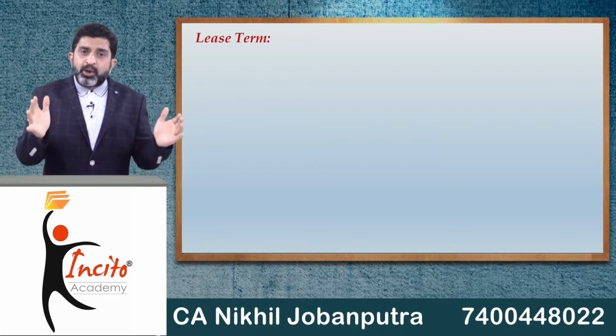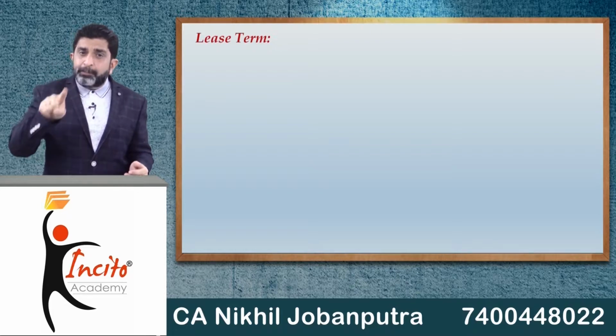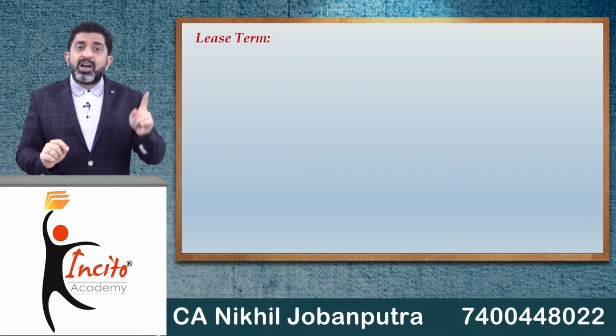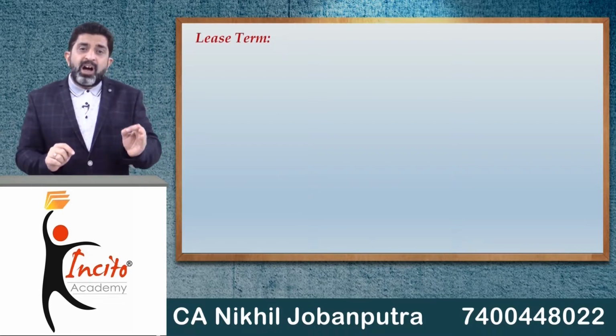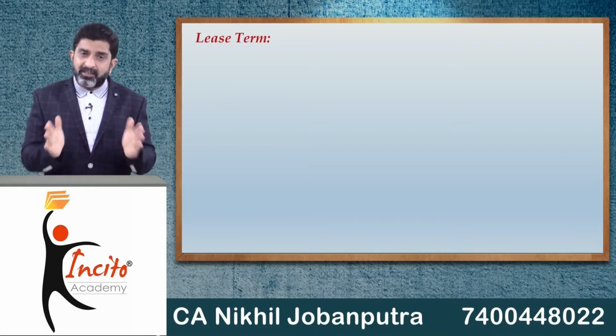What should be included in the lease term cannot be decided at the inception date. You have to test all the conditions at the commencement date. It is the commencement date from which the accounting begins, and therefore at the commencement date you have to finally define what will be the lease term.